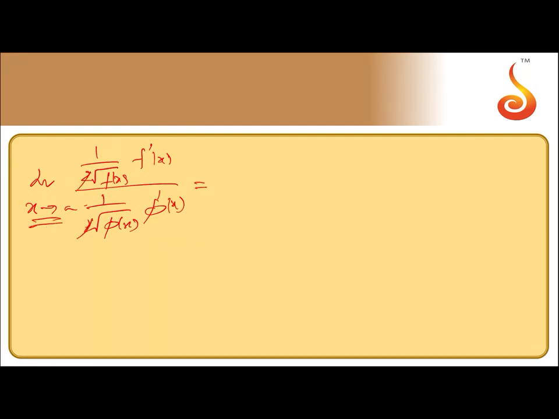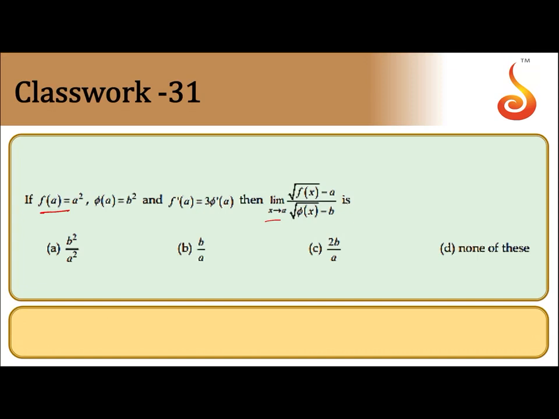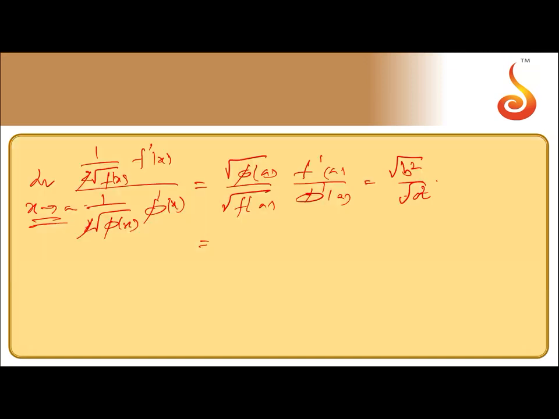So that is nothing but by substituting x equals a limit value, root phi of a divided by root f of a into f dash of a divided by phi dash of a. According to the formula, phi of a is equal to b square divided by a multiplied by root b square, which is nothing but root a square, of course, and f dash of a is 3 times phi dash of a.